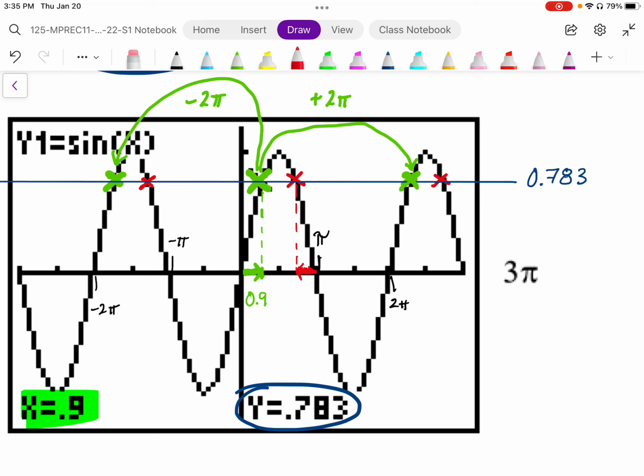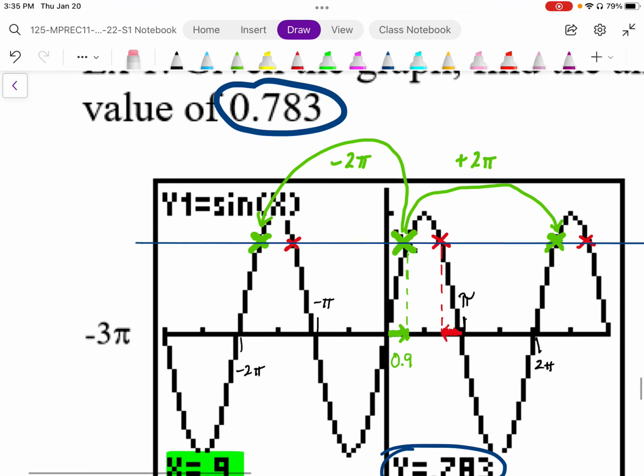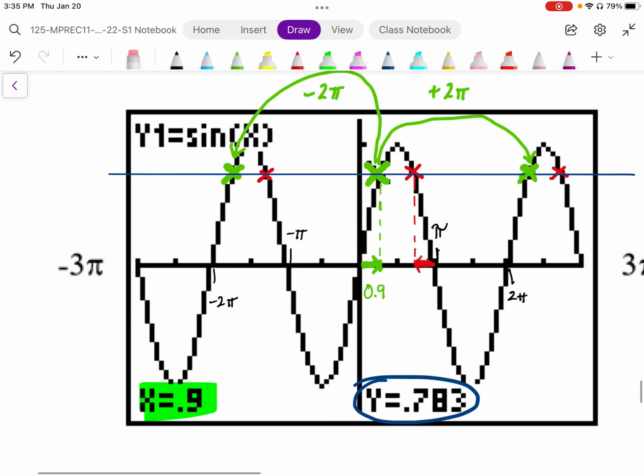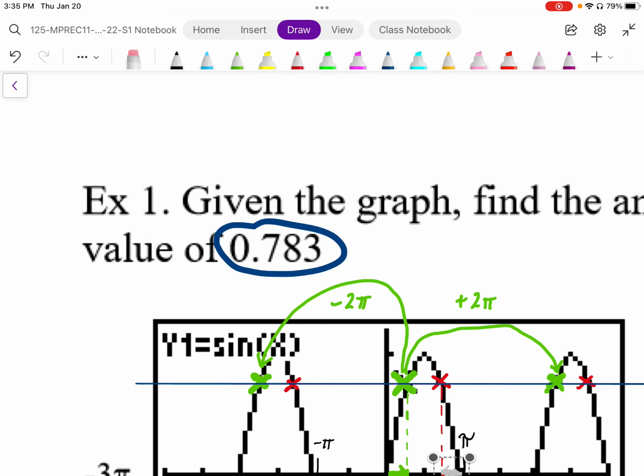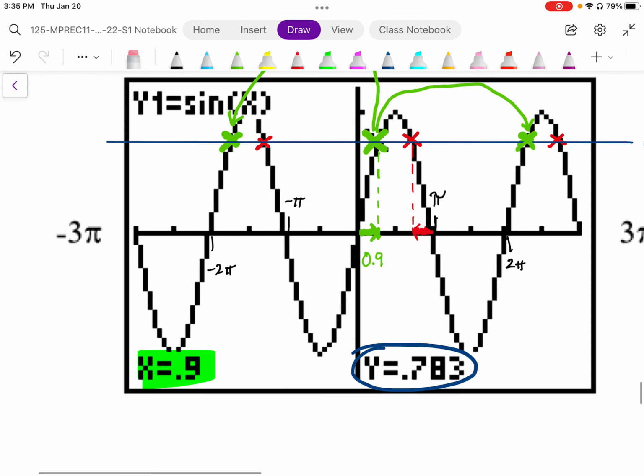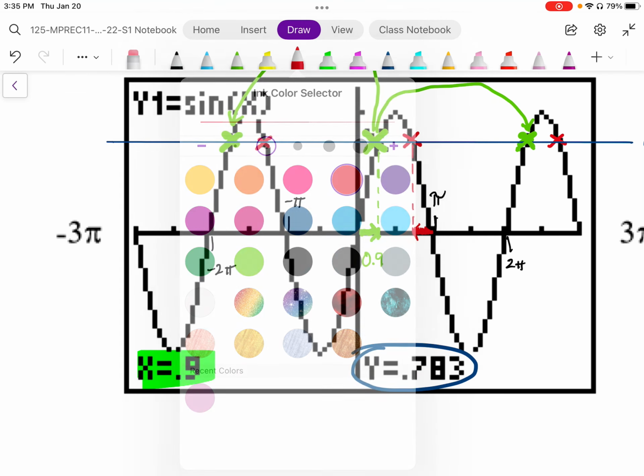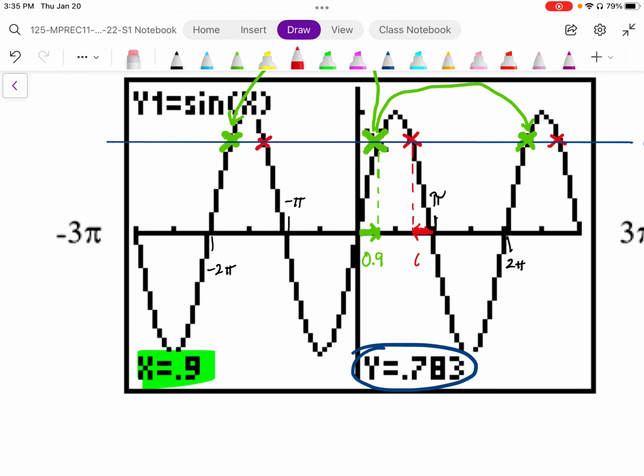If we measure 0.9 from the right, so 0.9 to the right from 0, that same distance is going to be 0.9 to the left from pi.